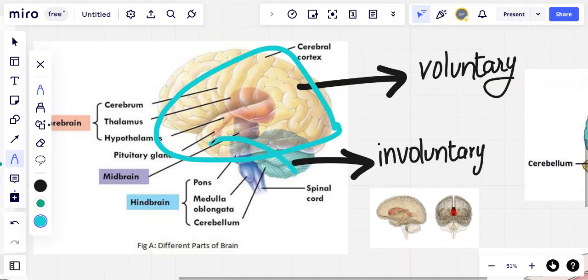And the lower part of your brain usually deals with the involuntary actions. And one more thing, your medulla oblongata, pons, these all are very much close to your spinal cord. So they are usually going to be dealing with the actions that are very basic. They're very basic and they're really important for your body, like your digestion, your circulation, your respiration, all of that.